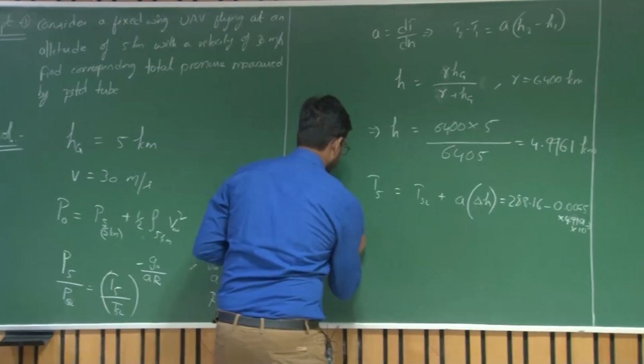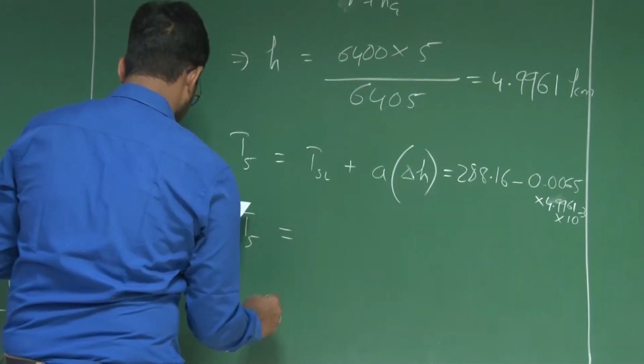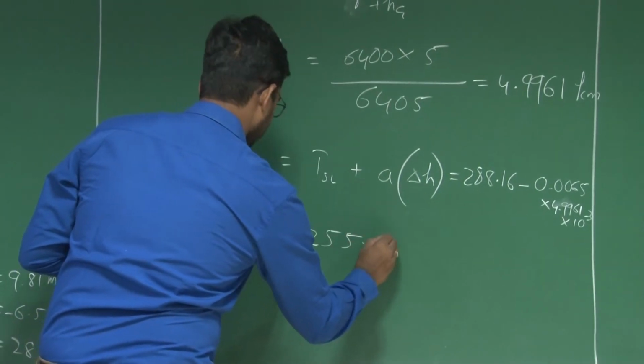So this implies T at 5 kilometers is equal to 255.685 Kelvin.